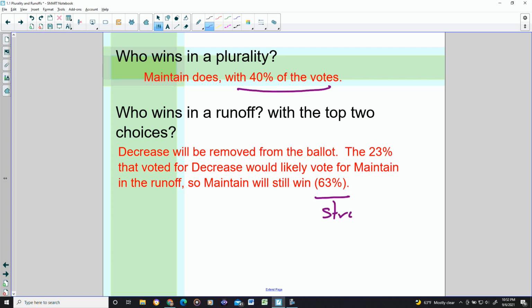So it's a stronger win. Runoffs do that. Because it forces a majority, you get a stronger win. And so now you have a stronger reason to believe that that's really the way that should be going, and that that's going to be a choice that people will be okay with.